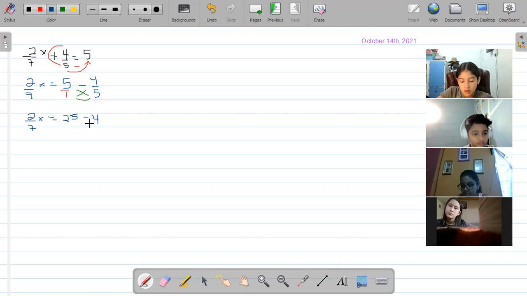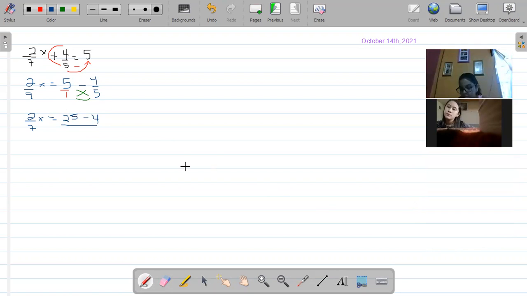And everything over 1 times 5, 5. So now I'm going to simplify that. I'm going to have 2 over 7x equal to, how much is 25 minus 4? 21 over 5. Okay, we're done there with that part.